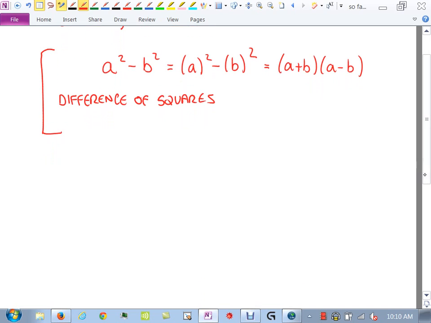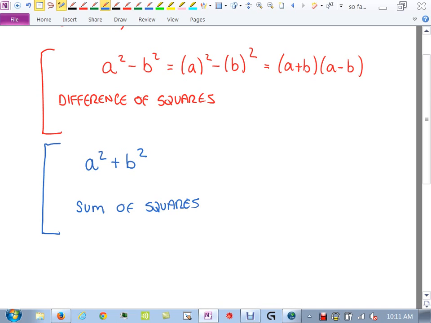The question now becomes, what happens if you have this? This would not be called the difference of squares. This would be called the sum of squares. The question becomes, is there a formula that will allow you to break it down like this?